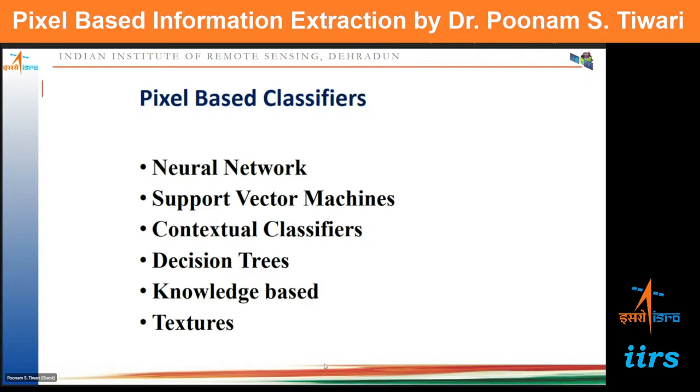Apart from the statistical approaches such as the maximum likelihood classifier and Mahalanobis decision rule, there are other classifiers for information extraction, which can be grouped as neural networks or artificial neural networks, and support vector machines. We can also have contextual classifiers in which we take the context of the features.